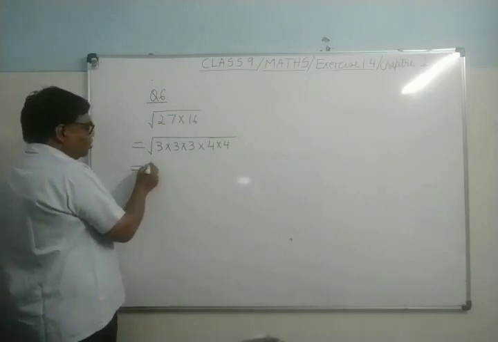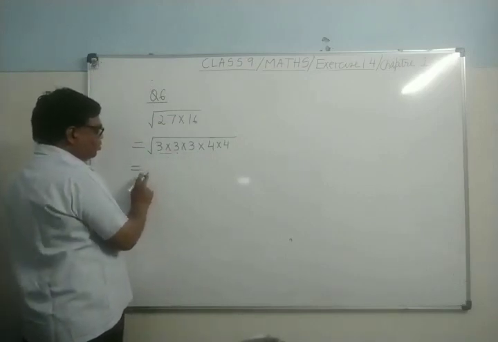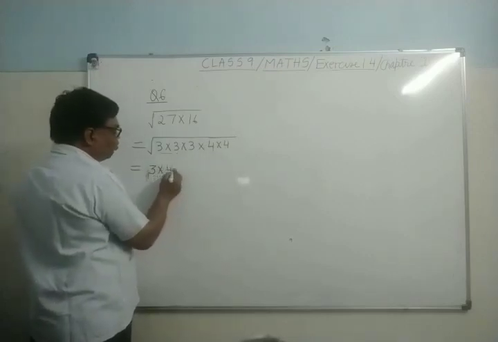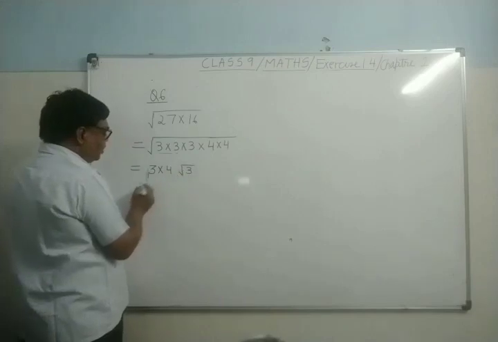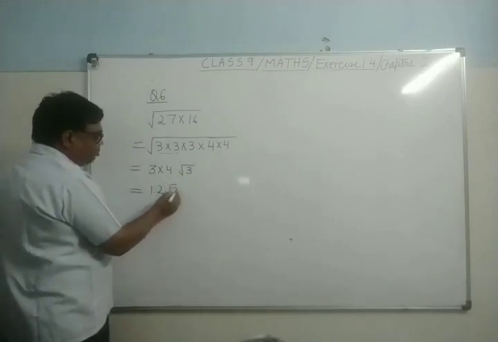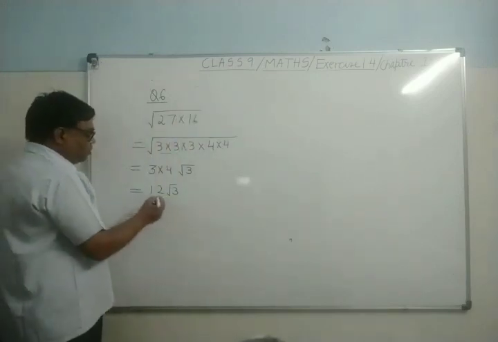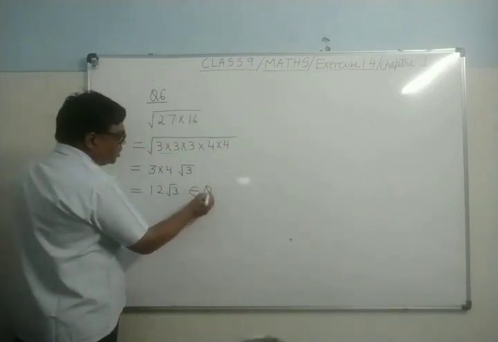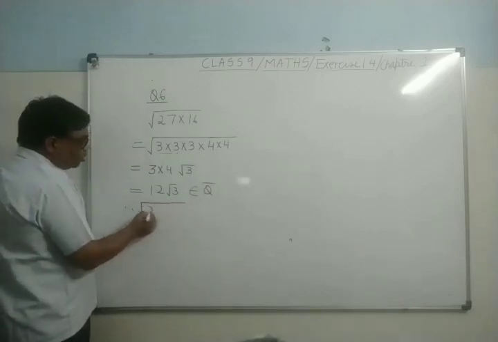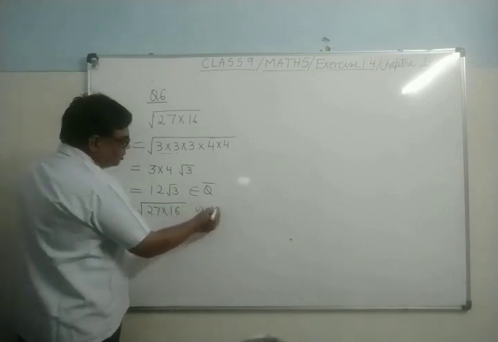Now one pair is formed, so you can write 3 here, and from the other pair you can write 4 here. What is left inside? 3. So it is 12 root 3, which means the radical sign is not removed. Therefore, root of 27 into 16 is irrational.